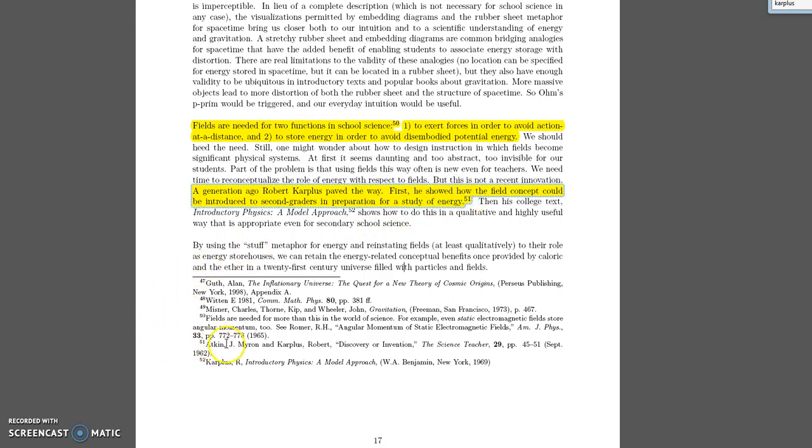And he cites this paper, which goes back to 1962, and unfortunately I haven't been able to track down that paper. I'd certainly like to read it.